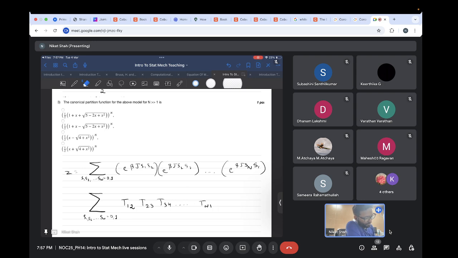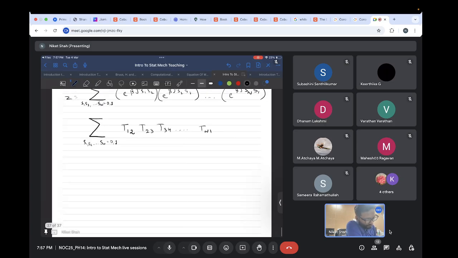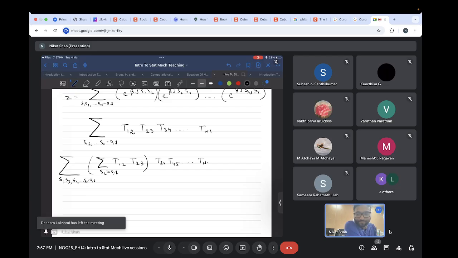I'm making a bracket here. Now, sum over s2 of T12 T23, and the other summations are already there: s1, s3, s4, and so on until sn equal to 0 comma 1. Here s2 is 0 comma 1. And there are other terms T34, T45, up till Tn1. Everything is there, but I am isolating just one term like this.